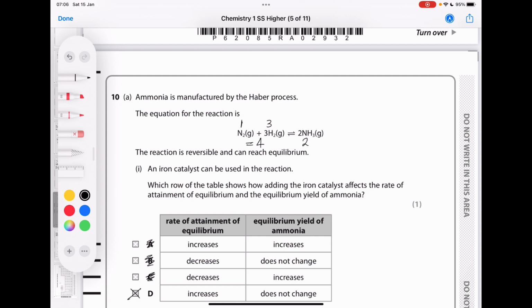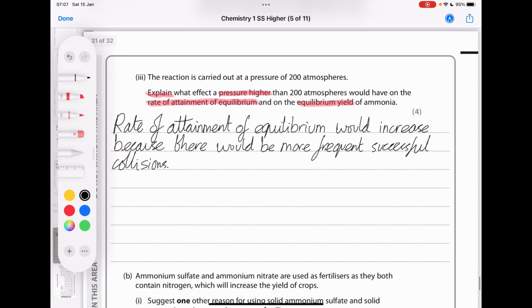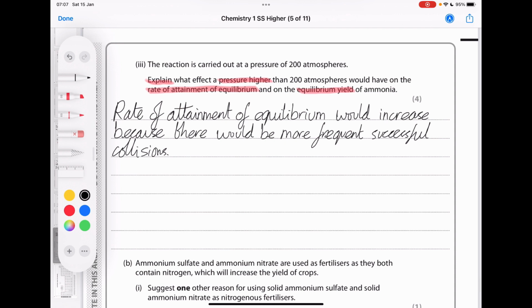And therefore, if I increase the pressure, the system will try and decrease the pressure, and therefore will do the forwards reaction because that makes less gas molecules and therefore fewer moles of gas. And that is essentially the answer here. I've got my first mark for the rate of attainment of equilibrium increases.